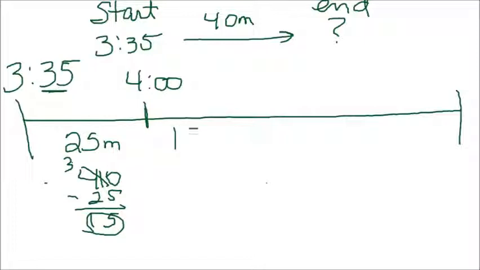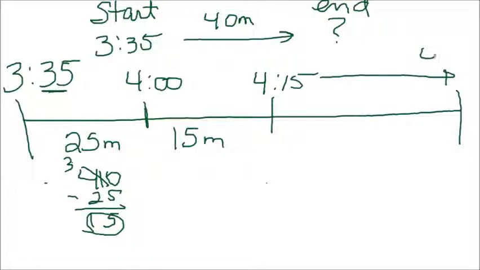So then I would add 15 minutes, and that would make the time 4:15. And 25 plus 15 is 40 minutes. So my end time then would be 4:15. So this is kind of a little bit easier in some cases where I can work with it.